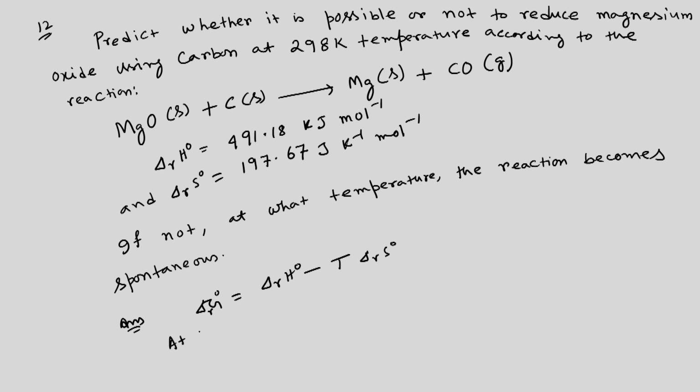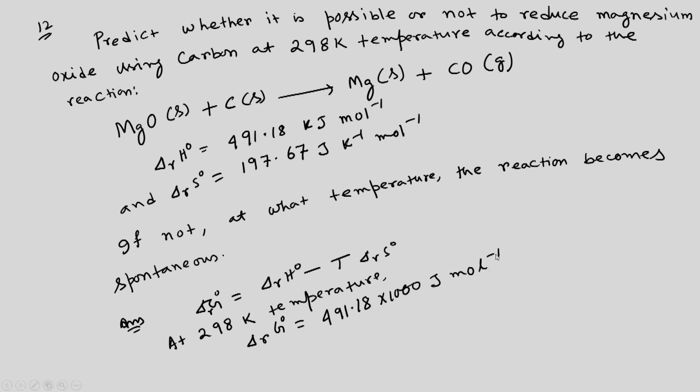So, at 298 K temperature, delta G naught R is 491.18 times 1000 joule per mole minus 298 times 197.67 joule per mole.